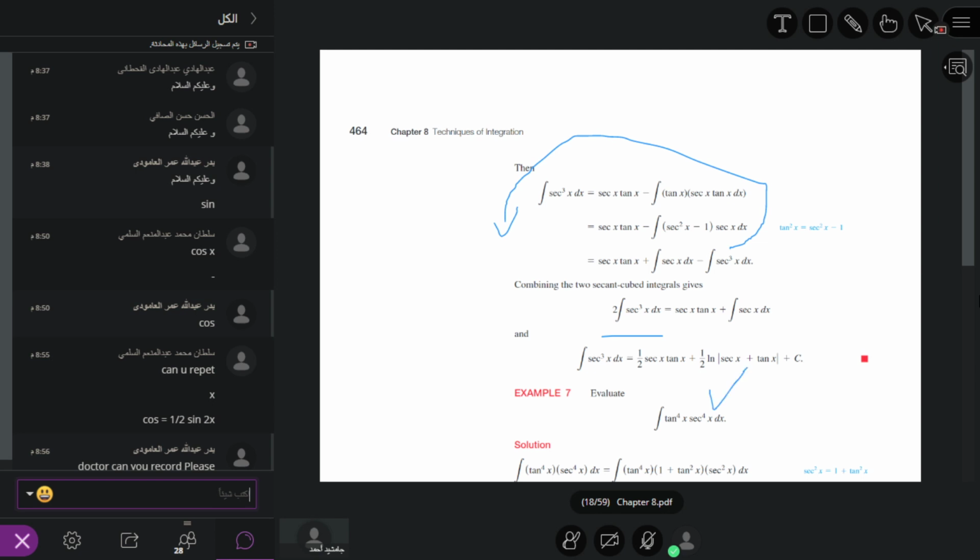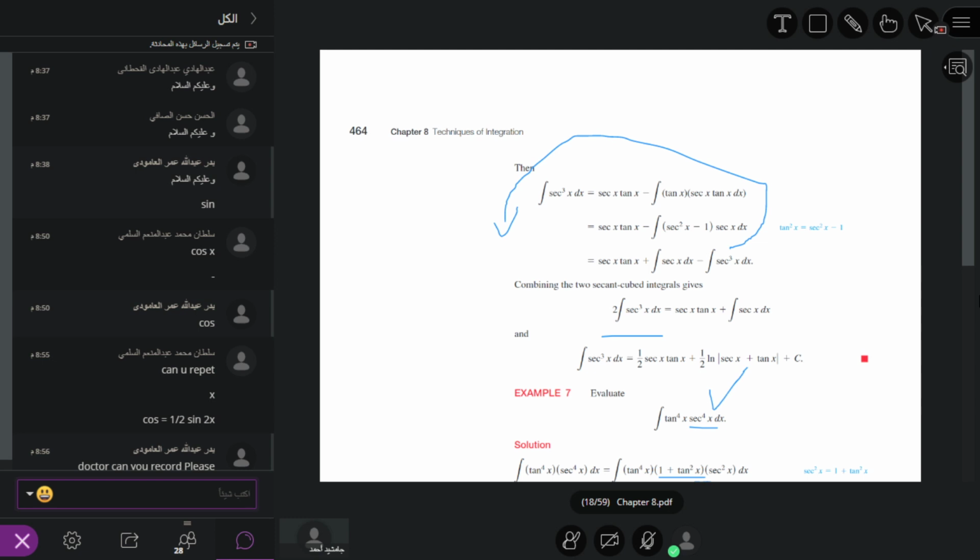If you see, we have sec power 4. It means the power of sec is even. So thus, we split off sec square x and put it at the end. So you can see here, we are putting sec square x at the end. Now, what is remaining? The remaining is sec square x. So we convert it using the following identity.